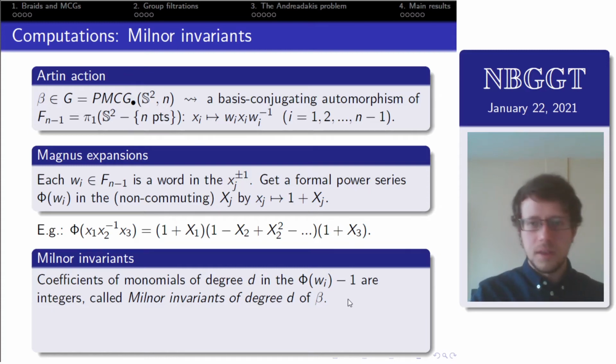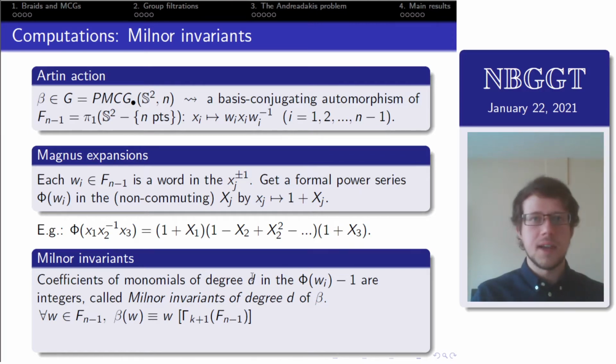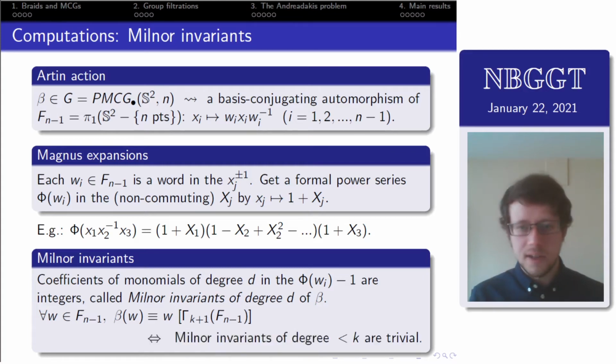The important thing is that if I look at my condition, like before, that beta has to act trivially on the free group modulo the k plus 1th term of the lower central series, then this condition is equivalent to Milnor invariants of degree strictly less than k being trivial.